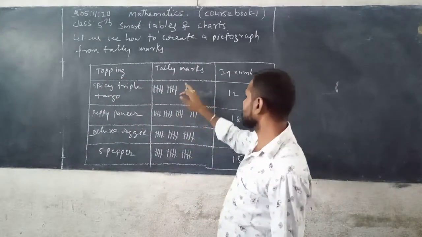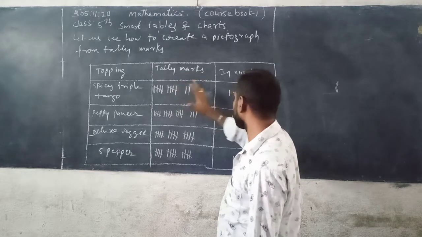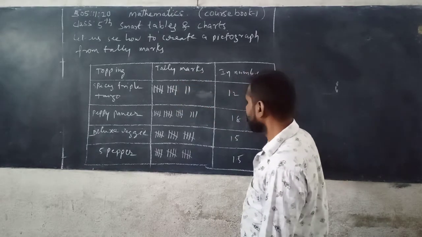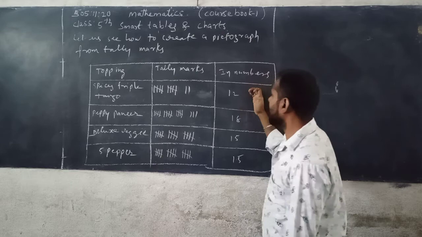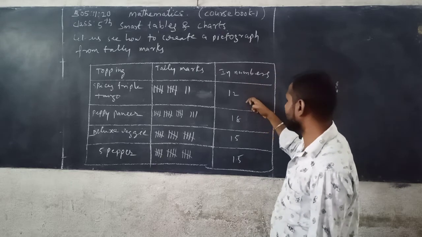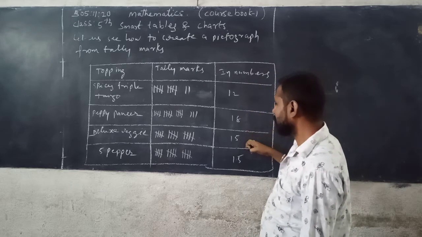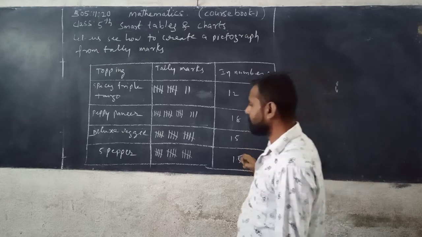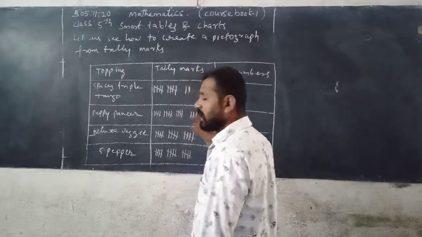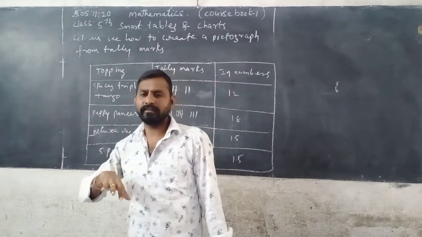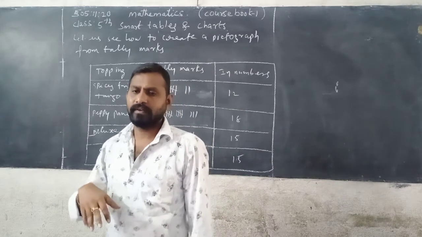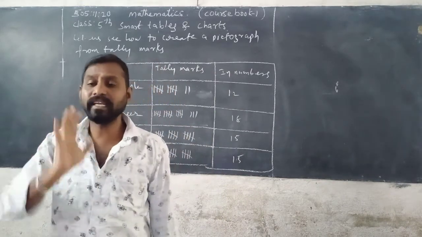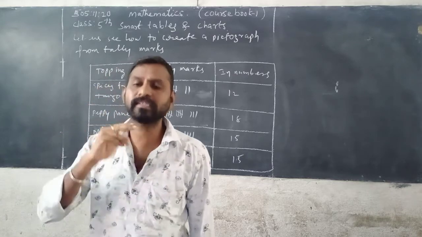See here, this is the tally marks. Tally marks are converted into numbers. So spicy triple tango is 12. Next, pepper paneer 18, deluxe veggie 15 and pepper 15. While you are drawing a pictograph, you need a key, means scale.